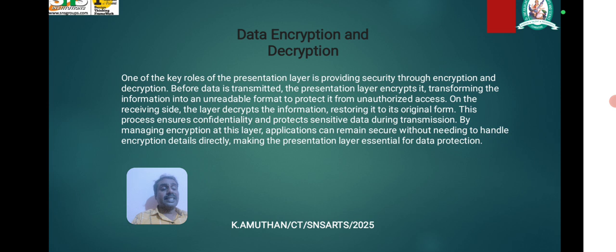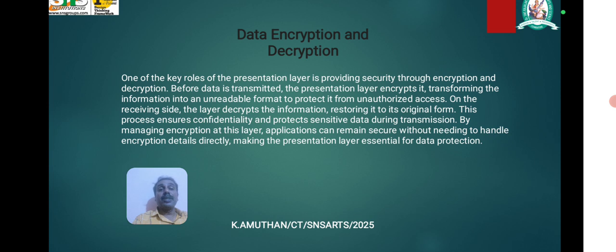The plain text is translated into cipher text to prevent unauthorized access. On the receiving side, the layer decrypts the ciphertext into plain text, restoring it to its original form. This process ensures confidentiality and protects sensitive data during transmission.